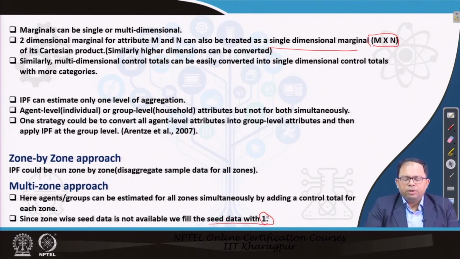So we use a matrix with each cell having one value as the seed data, and using iterative proportional fitting we can arrive at the number of population in each zone. I will demonstrate that.